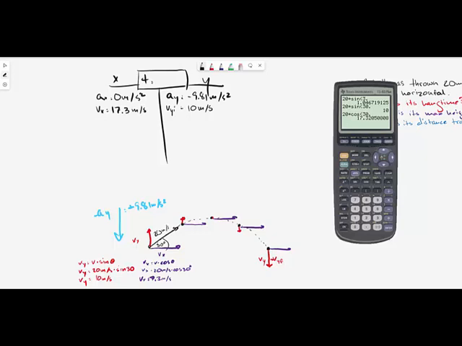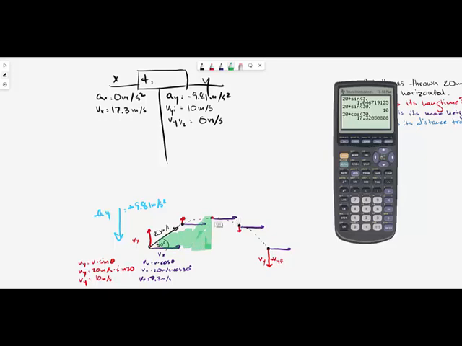Also, we know that at the tippity top over here, there is no velocity y. Velocity y at the halfway point is equal to 0 meters per second, right? This is the halfway point of the trajectory.